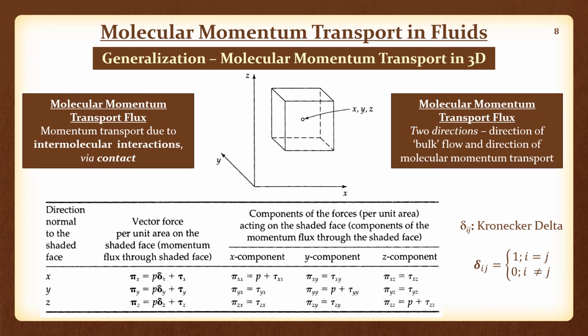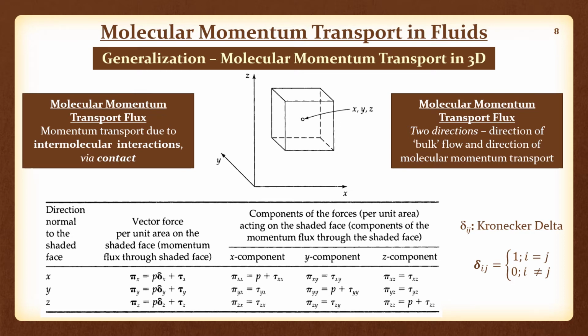Now, what I would like to point out in this column is the three terms that you see here with a delta with subscripts. This is nothing but the Kronecker delta, which either assumes a value of 1 when i is equal to j, the subscripts are equal, or it assumes a value of 0 when the subscripts are not equal.